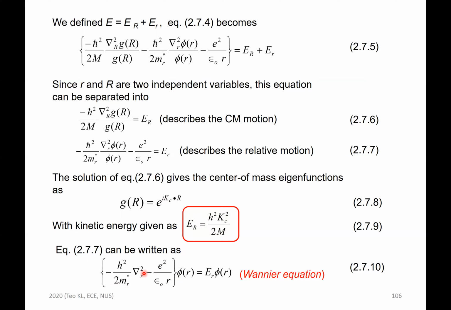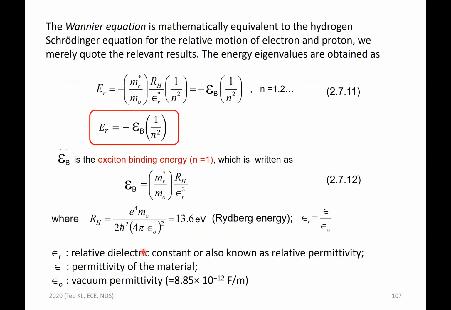So I will just quote the result, and this can be found in a standard textbook, where the energy due to relative motion will be equal to this form. The first part, mr*/m0 times RH/εr, is basically the binding energy of the exciton.